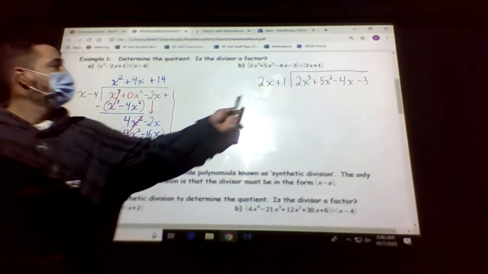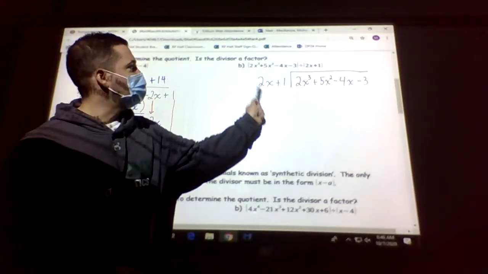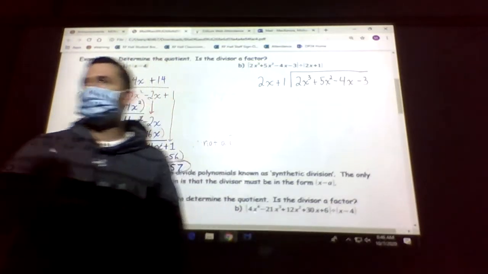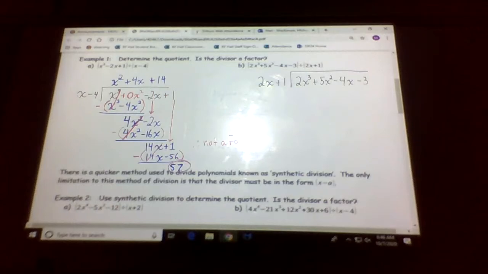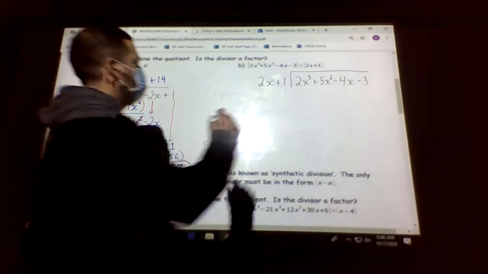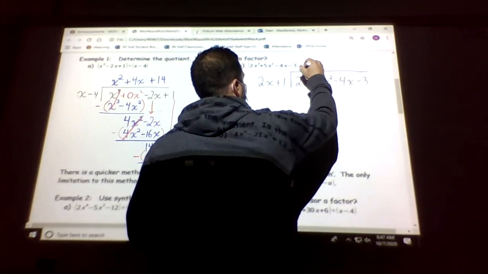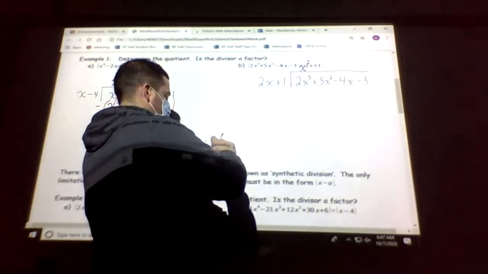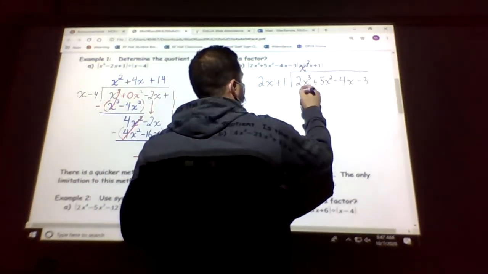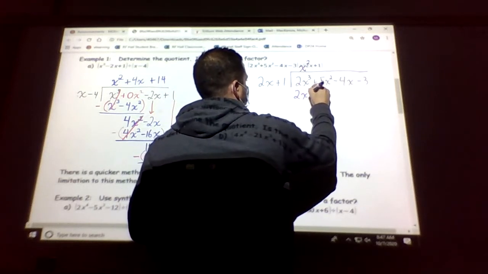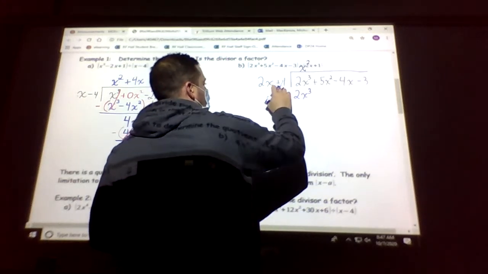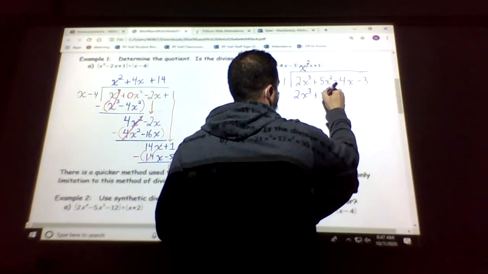So first thing, what do I multiply 2x by to get to 2x cubed? Artemis? X squared. X squared, good. So x squared times 2x gives me 2x cubed, and then x squared times 1 is x squared.